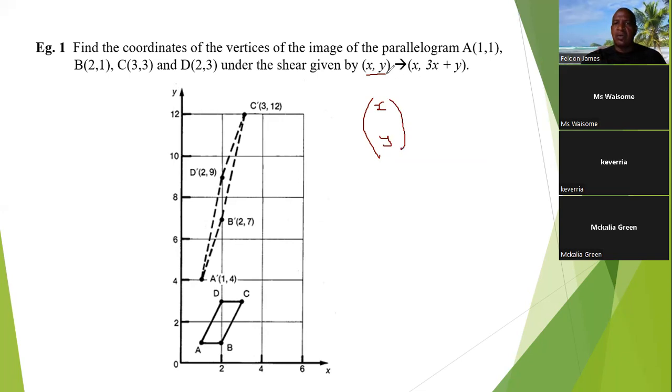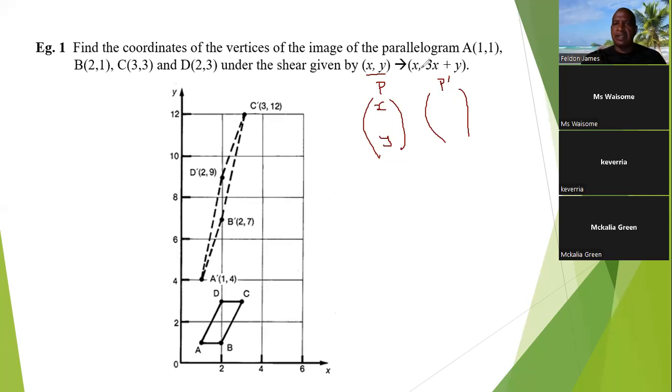So this is your pre-image, and your image is what you're going to be mapping it to. If this is the pre-image P, then this would be P dash, the image, right? So you start off with this and transform it to get P dash.